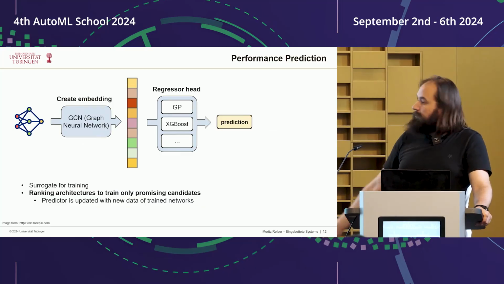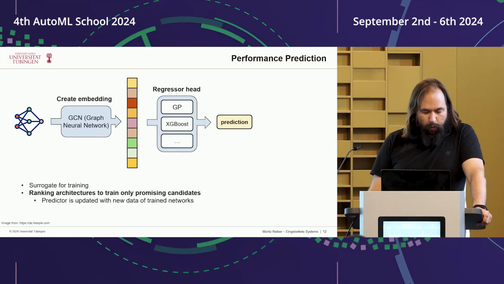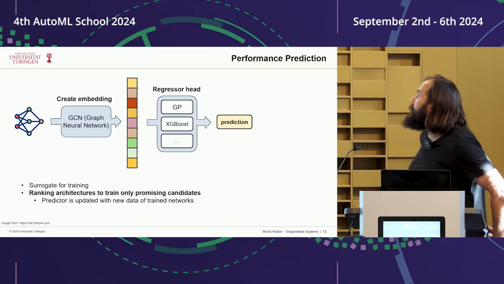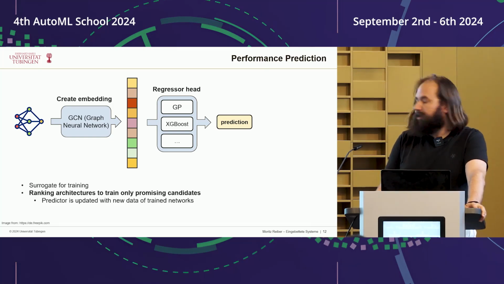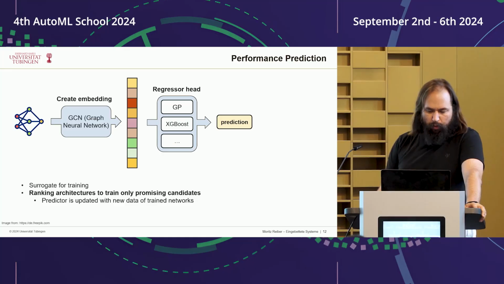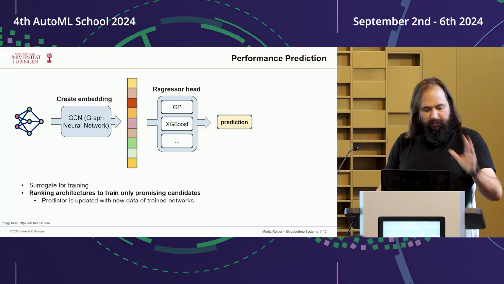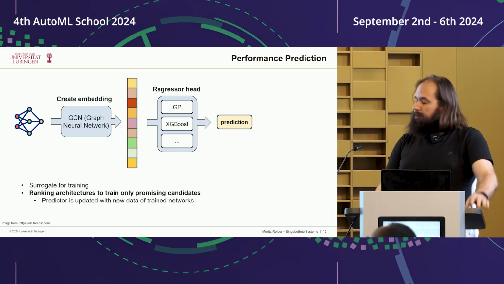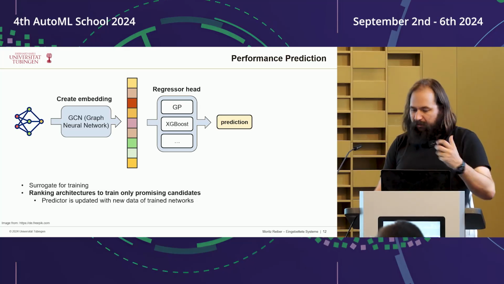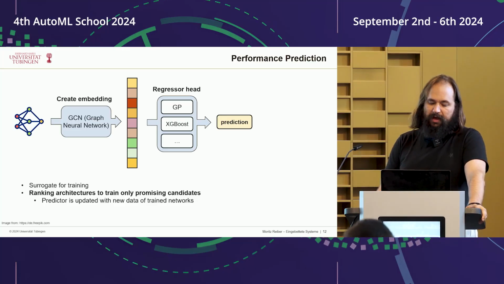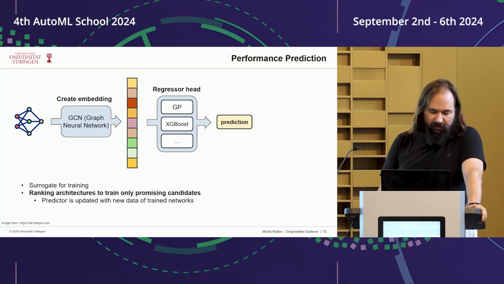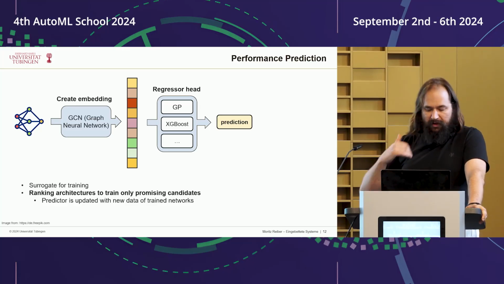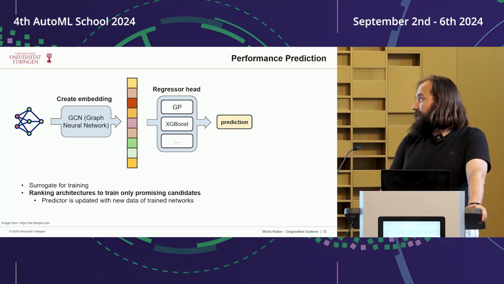Before we get into the practical part, we also wanted to quickly present our generalized performance prediction method that we use as surrogates for target measurements or other costly evaluations.